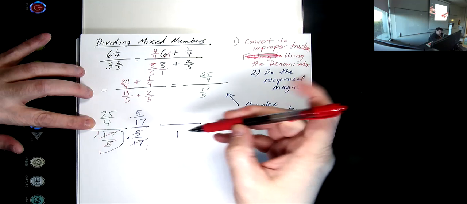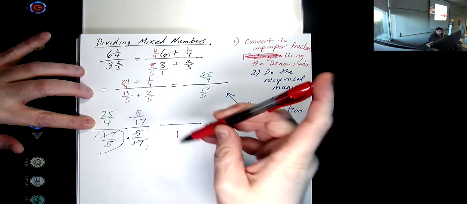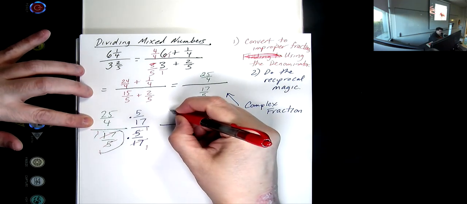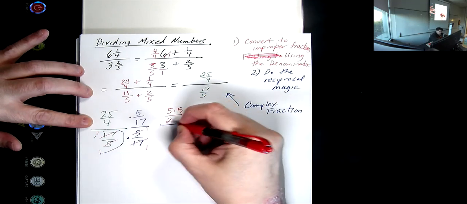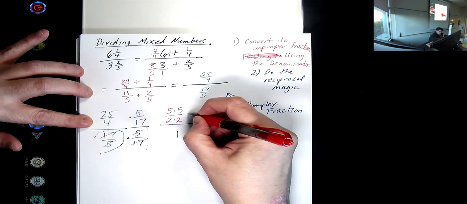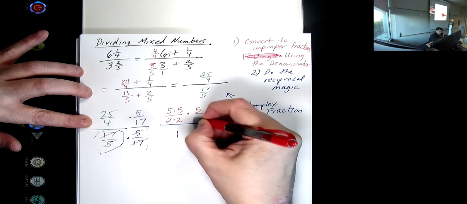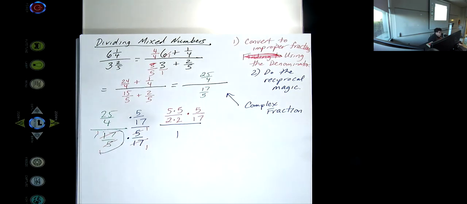Rather than multiplying them together first, what I'm going to do is factor them a little bit. 25 is 5 times 5. 4 is 2 times 2. And then I've got 5, which is prime, and 17, which is prime. The reason I did it is because I wanted to make sure nothing canceled.